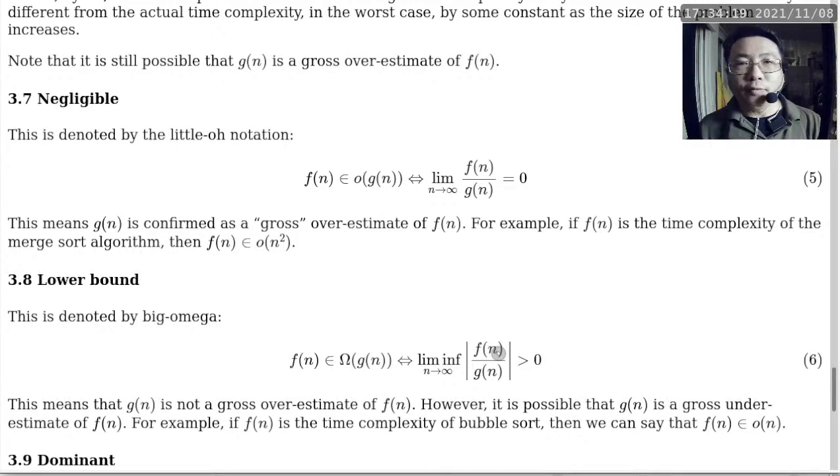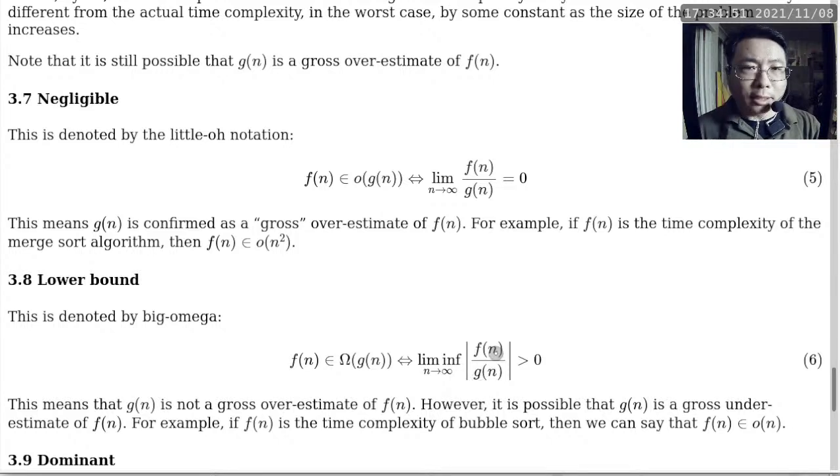And then g of n is just a simple function that we are using and go like, instead of looking at this really long formula, can we just say that it is about this, and call it a day? That's the whole idea of g of n, right? So they both have to be non-negative because we cannot complete an algorithm in a negative amount of time. So the absolute value is not really needed, but it doesn't really hurt anything either.